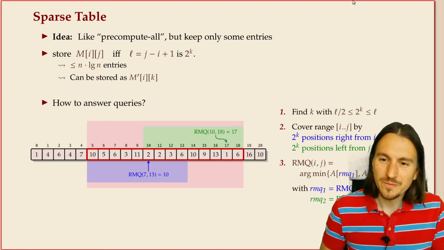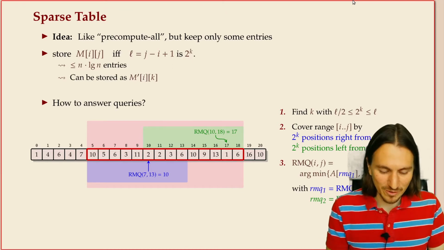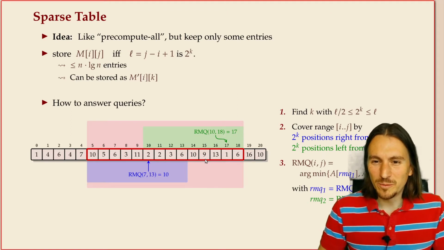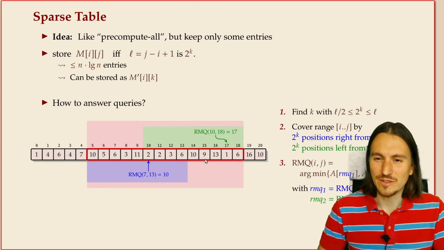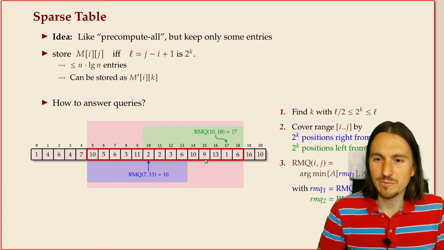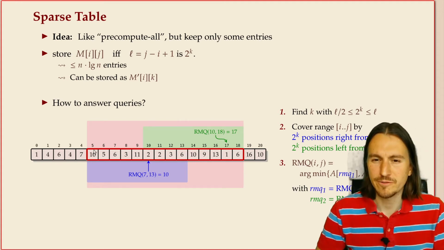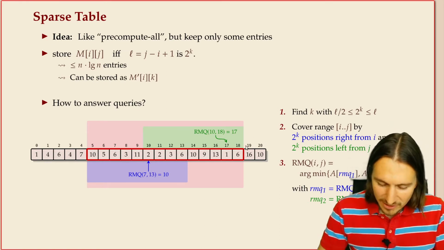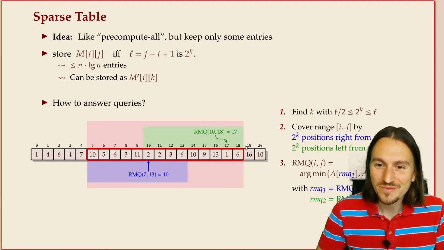So how do we do this? It's fine that I'm hiding part of the solution at the moment. I want you to focus on the picture first anyways. The trick will be that we can use the information to puzzle together the answer of the overall query from a small number of queries that we do have. And in this case, this red range is the actual query we're interested in. And it stretches from 5 to 18, so that's a length of 14, if I'm not mistaken.